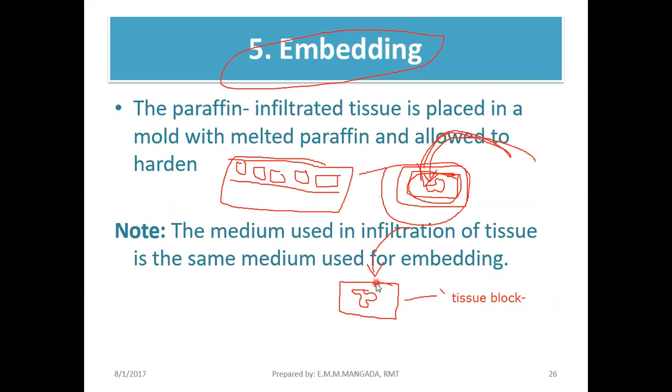So that's the tissue block. Again, guys, the medium that we use in the infiltration is the same medium that we use for the embedding. So that's your embedding. Your embedding, guys, is also known as your casting. Okay? Casting.